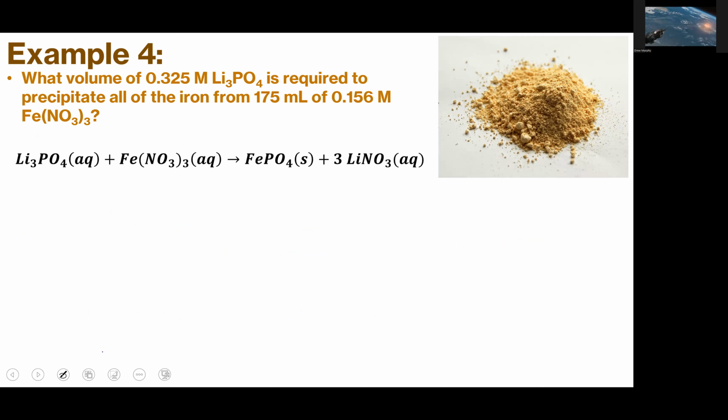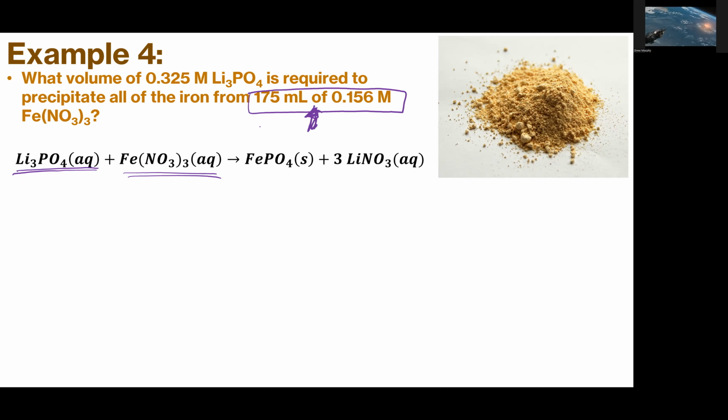Okay, we're given the balanced chemical equation. Okay, we need lithium phosphate and iron nitrate. So what we're doing is we're going to add lithium phosphate to this 175 milliliters of this. So remember, we're looking for that word of again here.